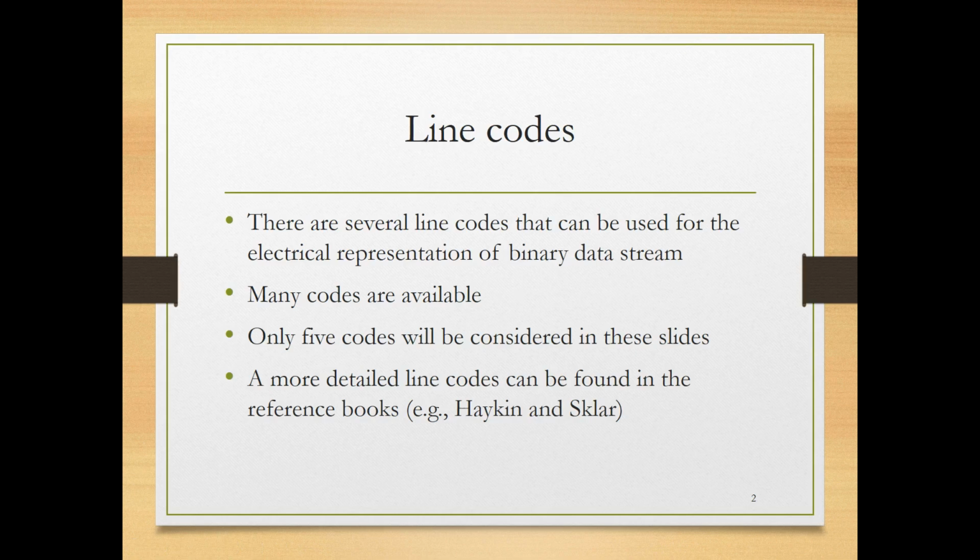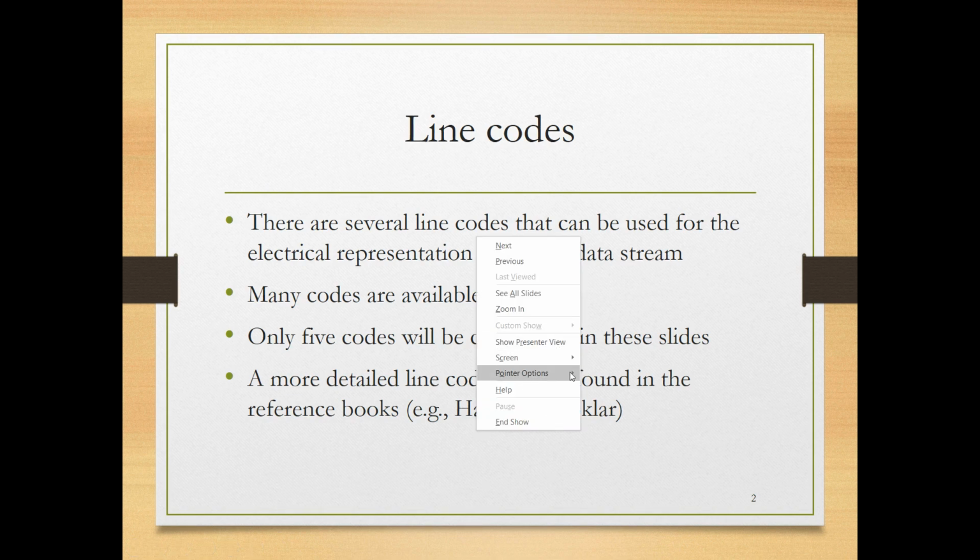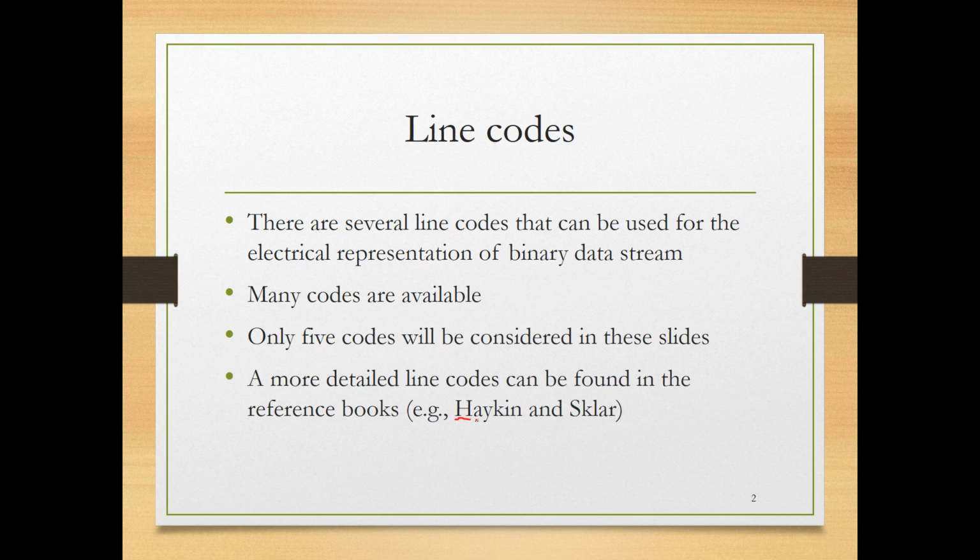If you want more detailed information about line codes and to study all their types, you can go to Haykin or Sklar's book and read more about them. You can find many other line codes alongside their advantages and disadvantages.